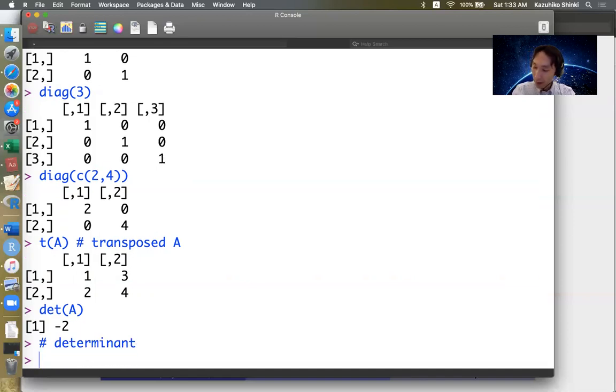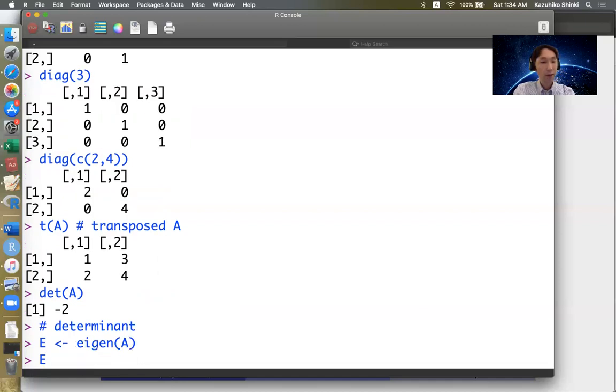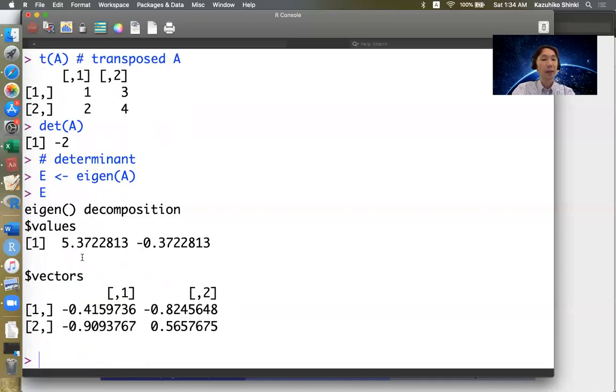So next, the eigenvalues and eigenvectors. Eigenvectors are important vectors for a matrix. An eigenvector becomes just a scalar times itself after you multiply the matrix from the left-hand side. That is obtained by eigen of A. So eigen of A becomes this.